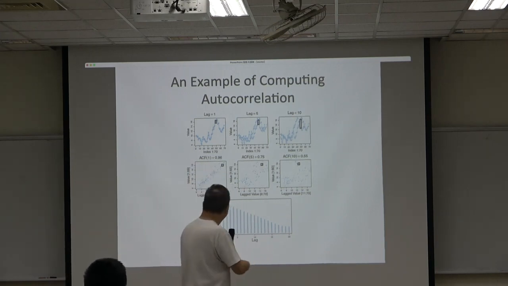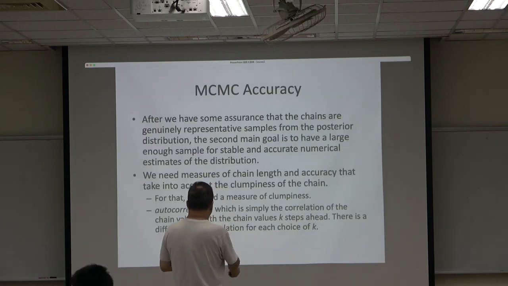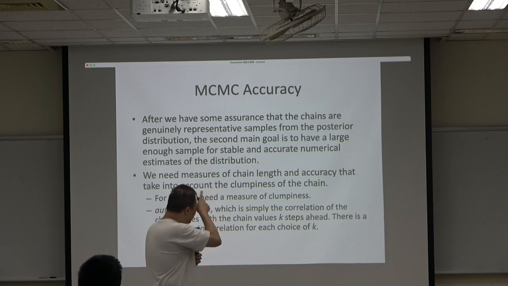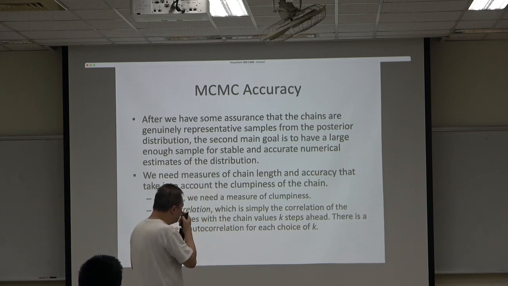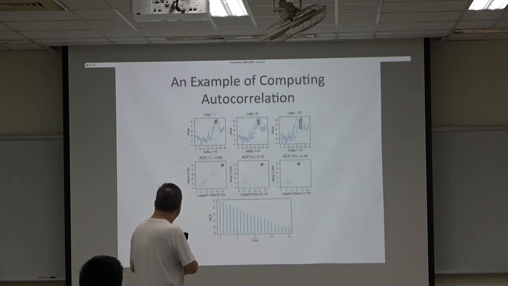Remember, like in a previous essay, you can compare the chain with itself, with the values k steps ahead. This k is what appears in the parentheses.